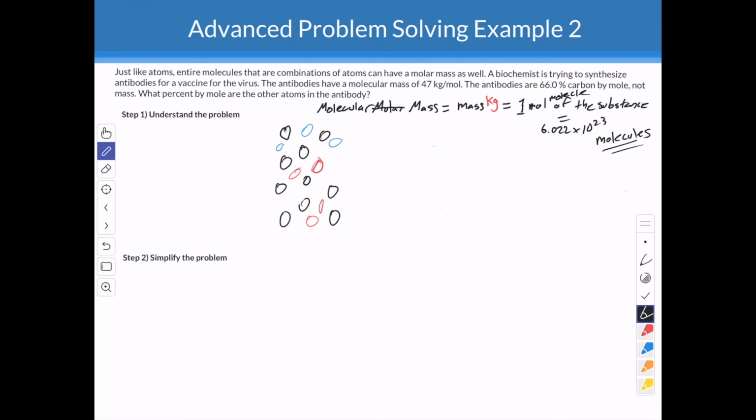So 47, or kilograms. So 47 kilograms of this equals 1 mole of this, which should equal, based on what we said over here, 6.022 times 10 to the 23rd molecules of it.